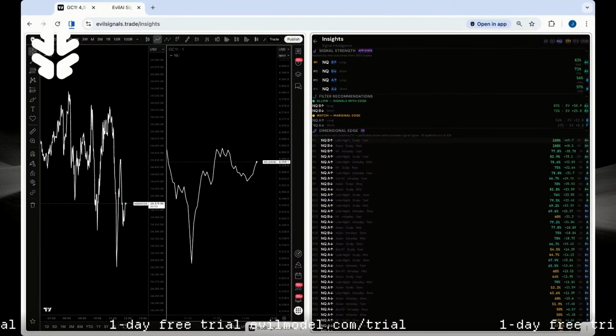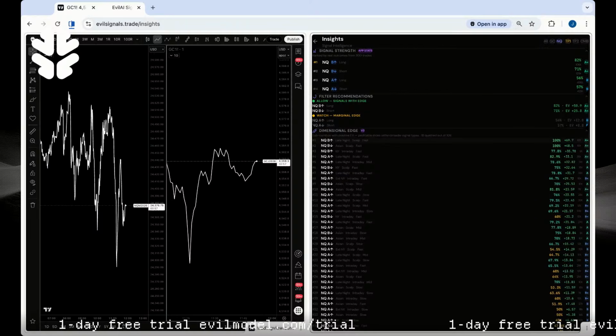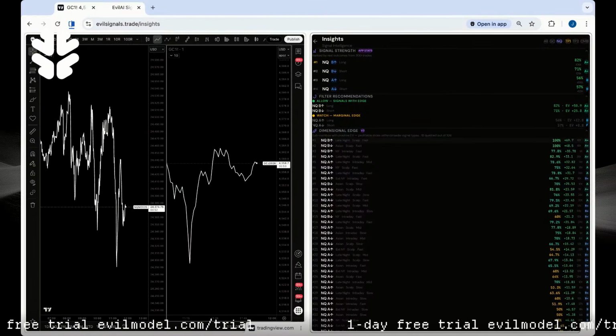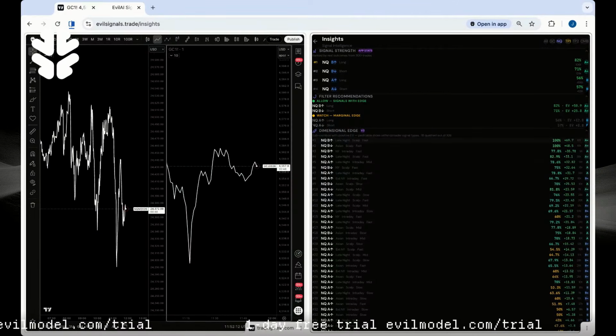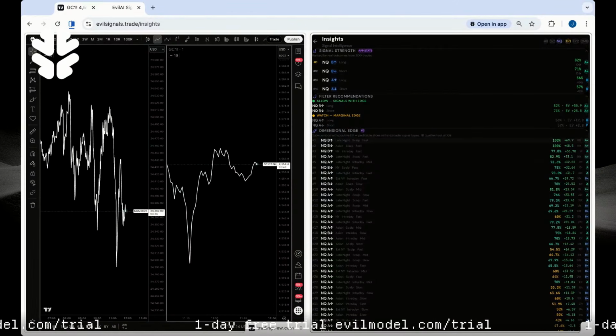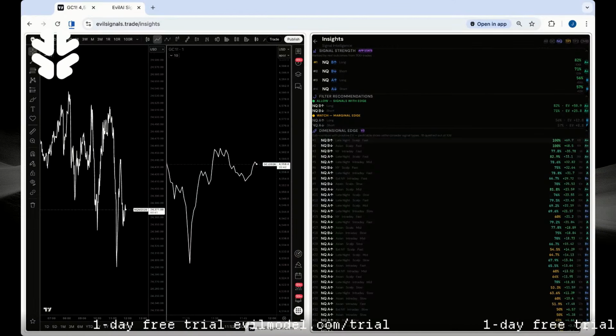Fast is basically your one to two minute. I grouped some time frames because sometimes the 1 minute might not have that many historical instances of the signal type in that session, in that direction, A or B.